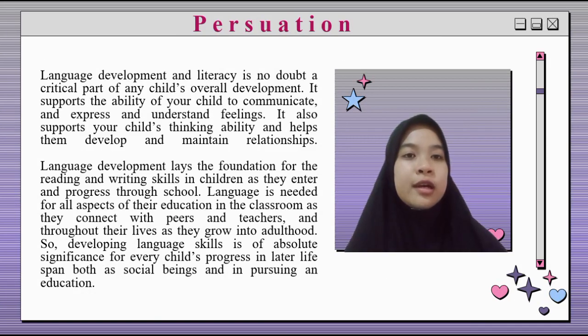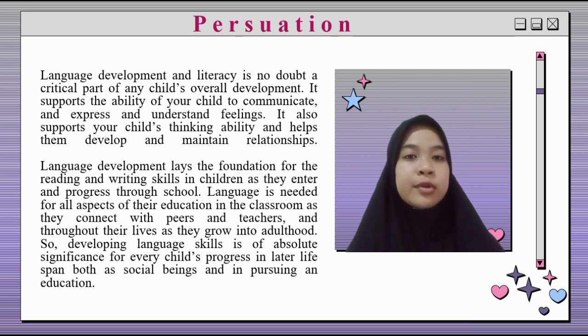And the last point, I will give the reasons why language development should be supported. Language development and literacy is no doubt a critical part of any child's overall development. It supports the ability for the child to communicate and express and understand feelings.